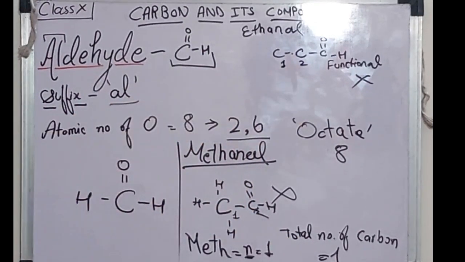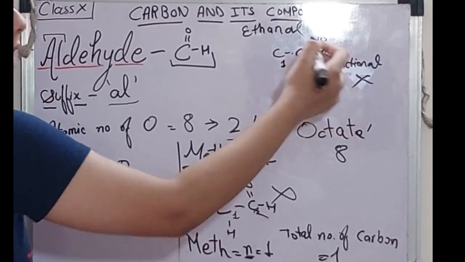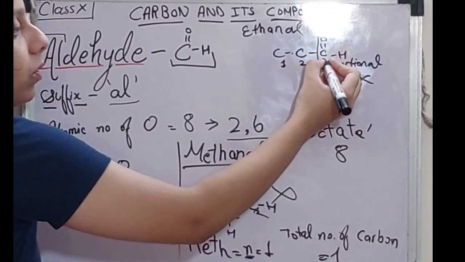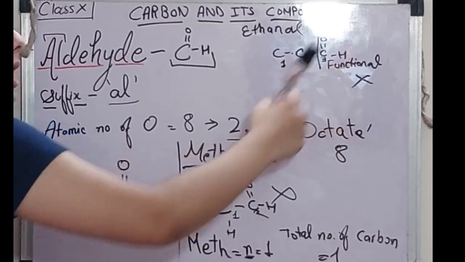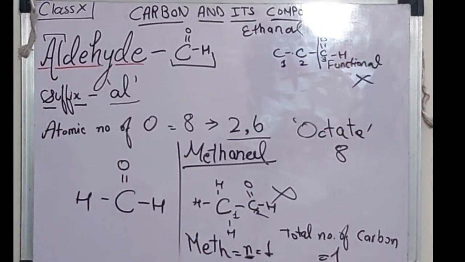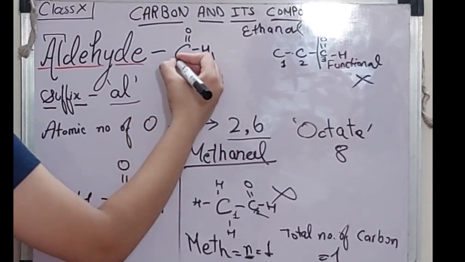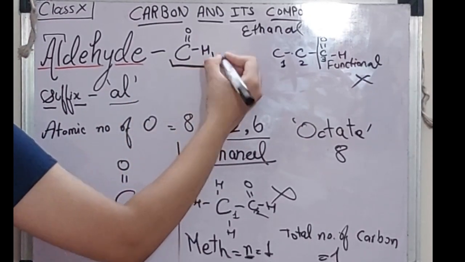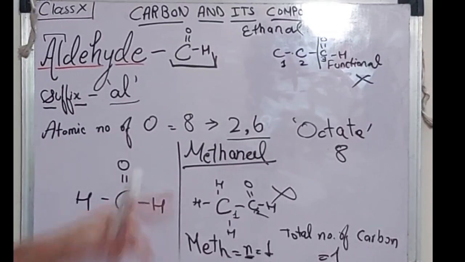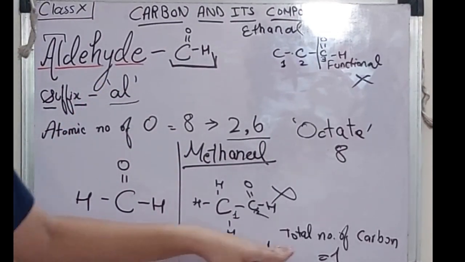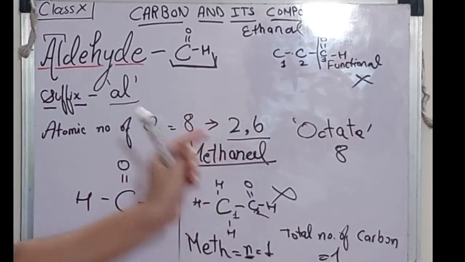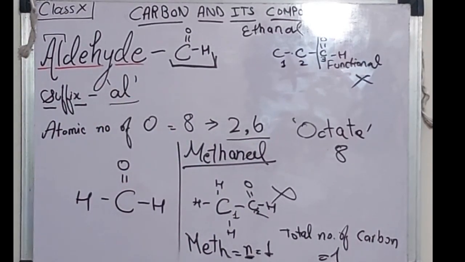In this you will not say ki poora functional group hai to 2 hi carbon hai. You have to count this also and it will become 3. Total 3 carbons ho jayenge if you do it like this. What I mean to say is that koi bhi functional group mein agar carbon hai, you have to consider that carbon as total number of carbon when you are counting. It is going to be a part of it.